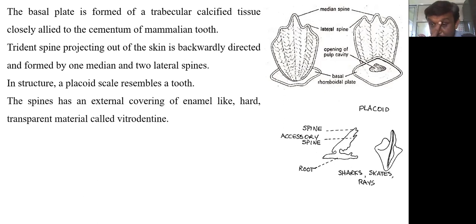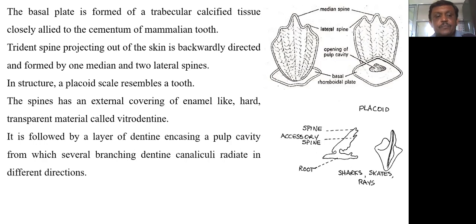The spine has an external covering of enamel-like hard transparent material called vitrodentine. It is followed by a layer of dentine encasing a pulp cavity from which several branching dentine canaliculi radiate in different directions.